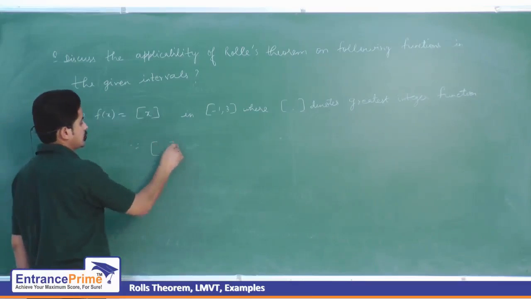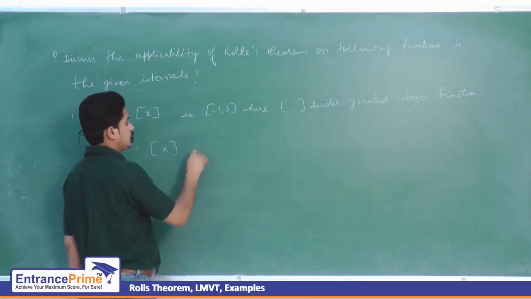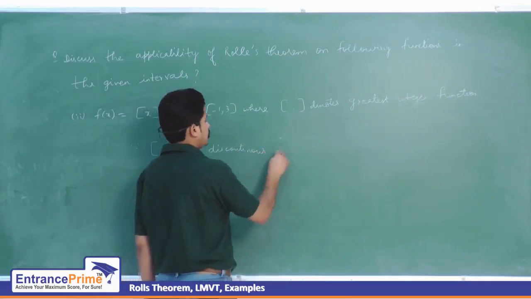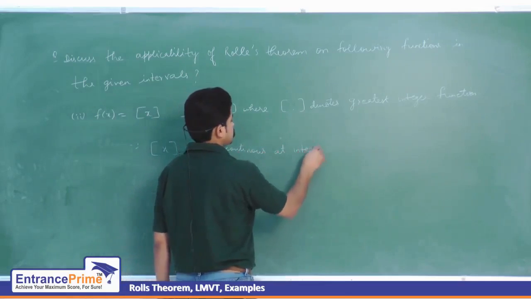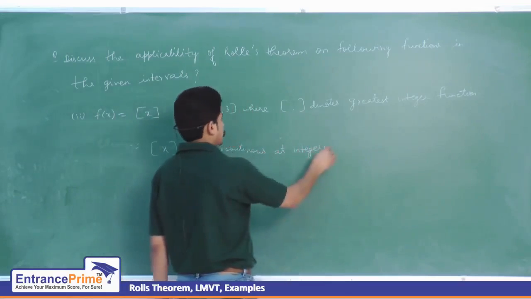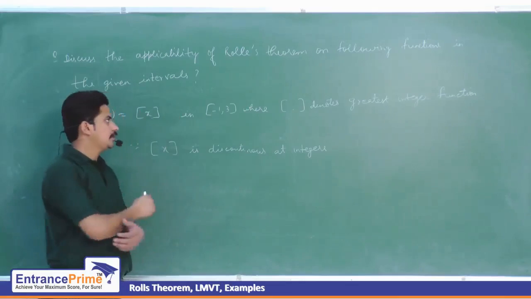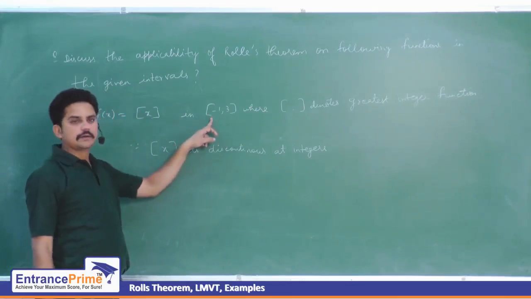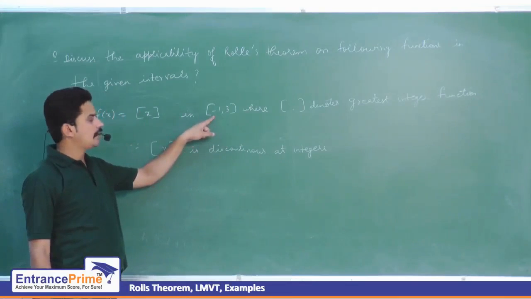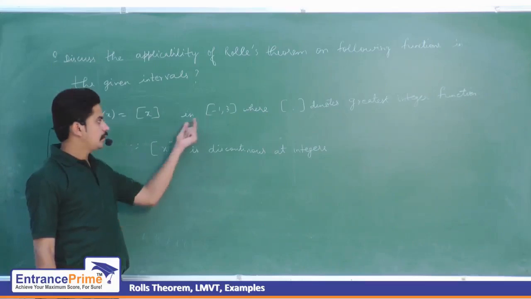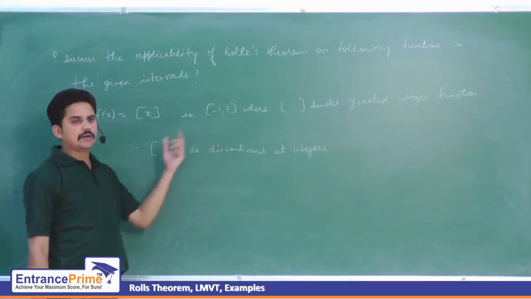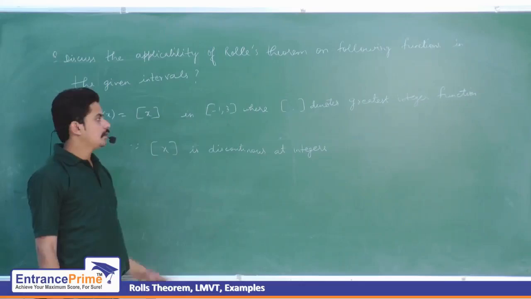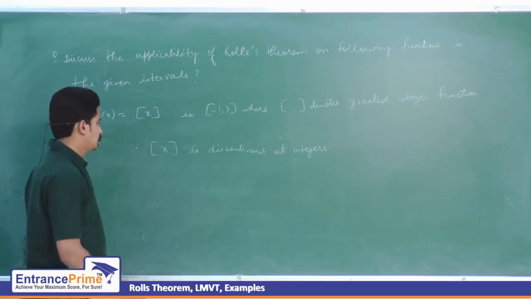So since greatest integer x is discontinuous at integers, and though it may be continuous at -1 and 3, for that we will have to see the right hand limit and the value of f(-1) for x equal to -1, and for x equal to 3 we will have to check the left hand limit and f(3), but at 0, 1 and 2 it's going to be clearly discontinuous.